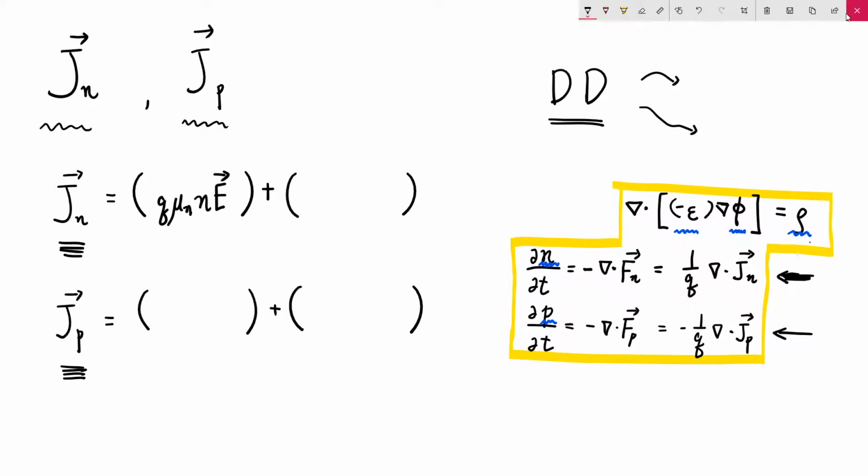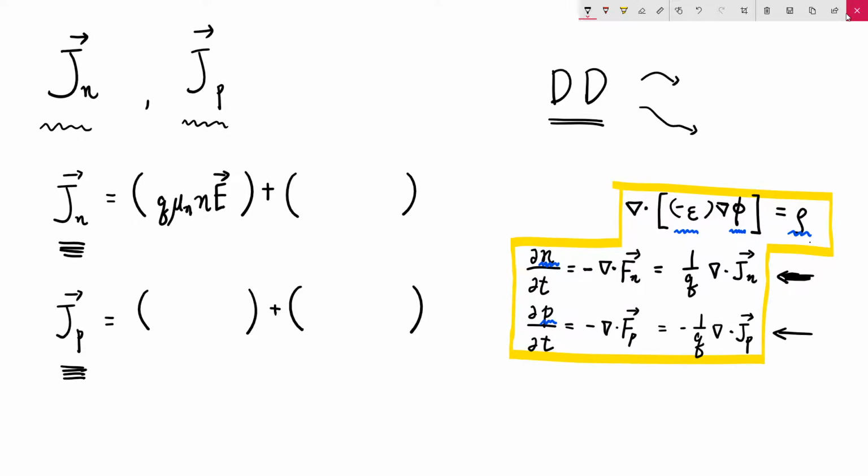the drift term. I think that at least since your major is really related to computational microelectronics, you have to memorize, or you have to remember this form.